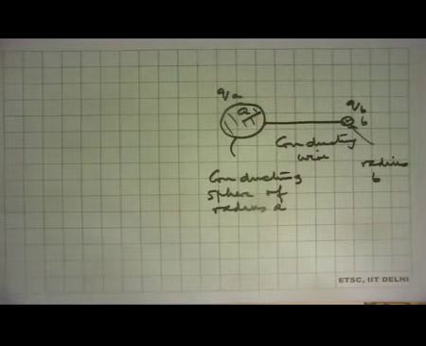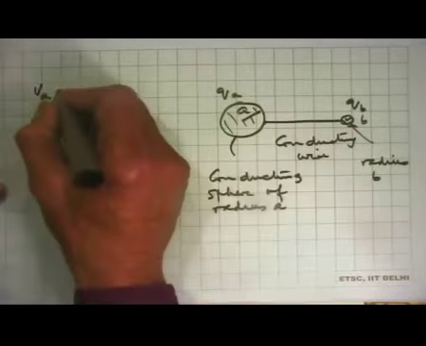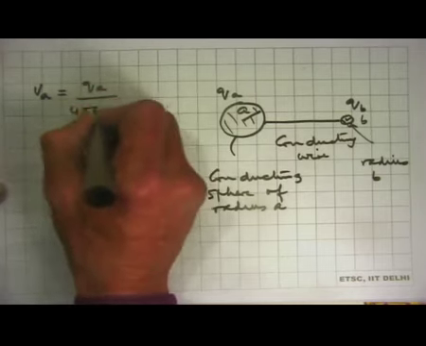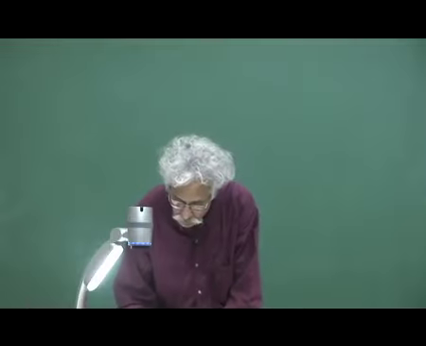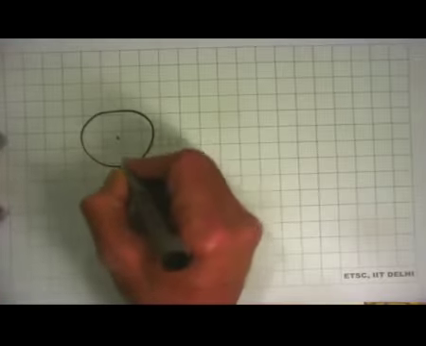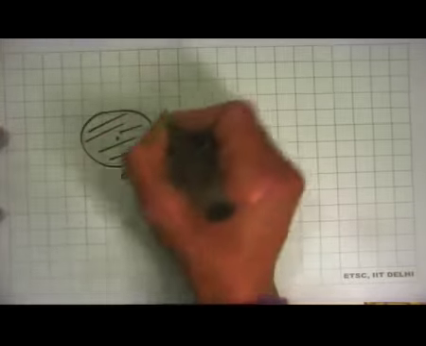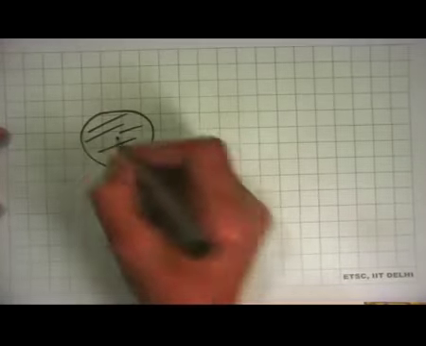Now, we have calculated the potential of a spherical conductor with a charge q_A, so the potential on the surface of this conductor, V_A, is q_A by 4 pi epsilon_0 times A. Remember the potential of a spherical charge distribution. If I have a charge q on this conducting sphere, then as far as the outside region is concerned, this charged sphere acts like a point charge at its center.